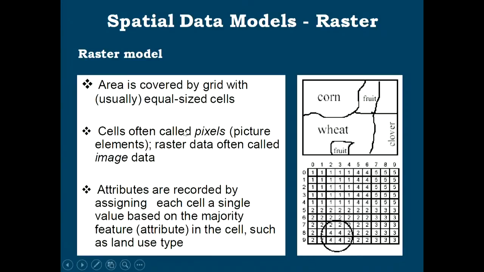Cells are often called pixels. So you will be hearing the word pixels here. Pixel is nothing but a picture element. In one particular grid cell, one number is written; this is 1 pixel. How many pixels can it have? Here it has 10 pixels by 10 pixels. These are the lines, first line, second line, third line, and these are the columns.